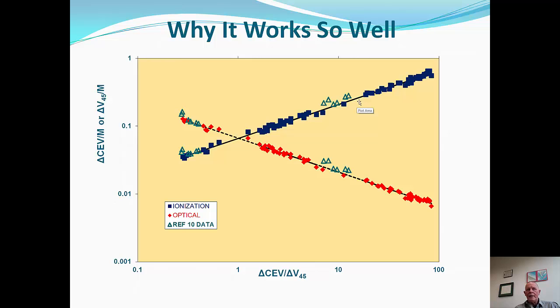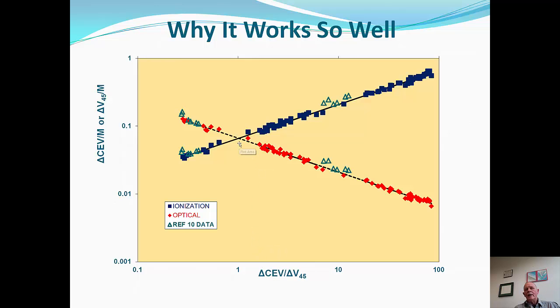And basically what we did is we plotted the optical response or the ionization response. Okay, and when we got above a certain point, we could only use one set of data. When we were down in here, we would use the ionization chamber response.